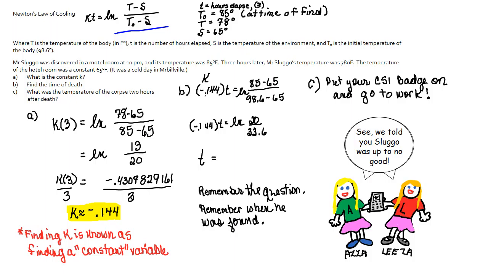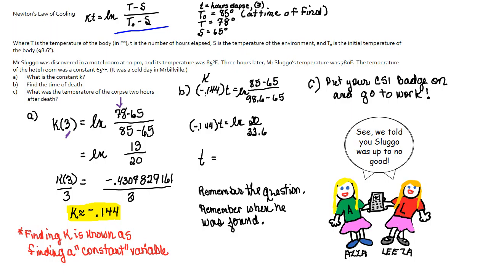So all we're going to do is replace the elapsed time of 3 hours inside here so that we can find our constant for the conditions that have been set, basically the 65 degrees and the time. So I've put the 78 in because that's what happened over the 3 hours, minus the 65, and then 85 because that's what he was found at, minus the 65. Gives us the 13 over 20.